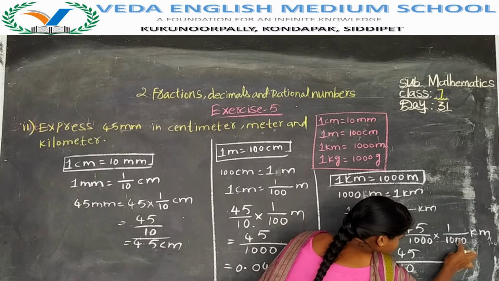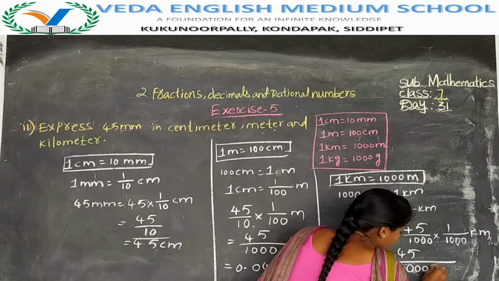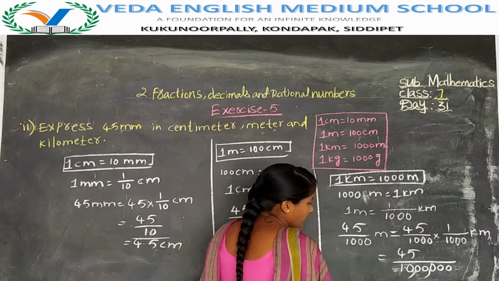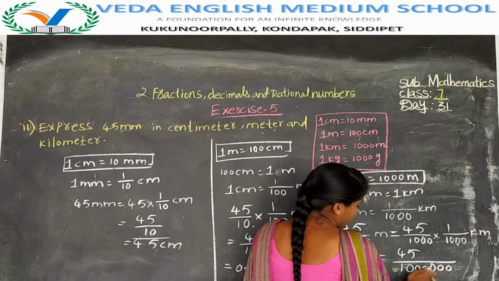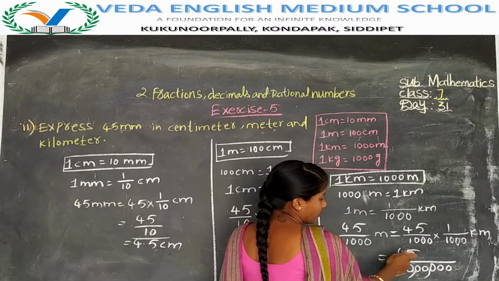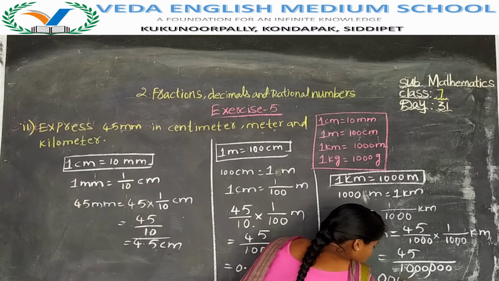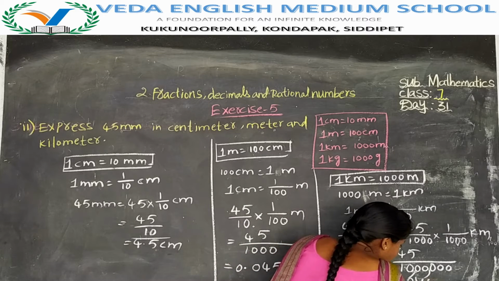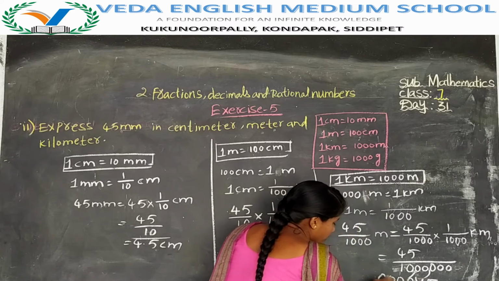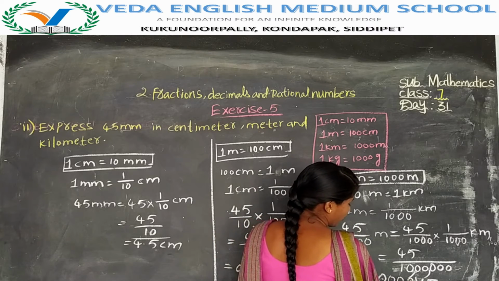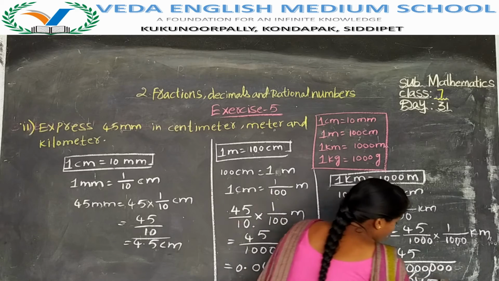Here 6 zeros are there, but we have 2 digits, so we keep 4 zeros, then 4, 5. So we get 0.0000045 kilometers.